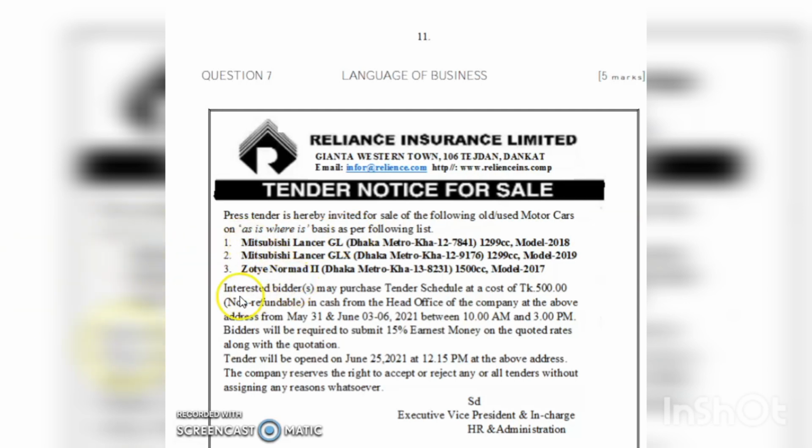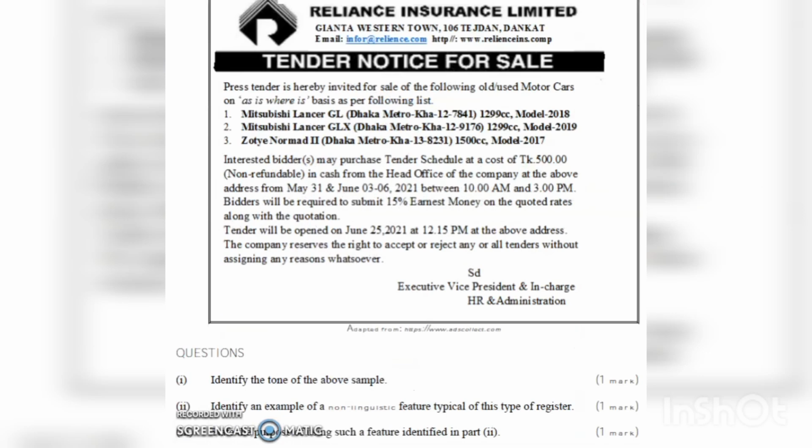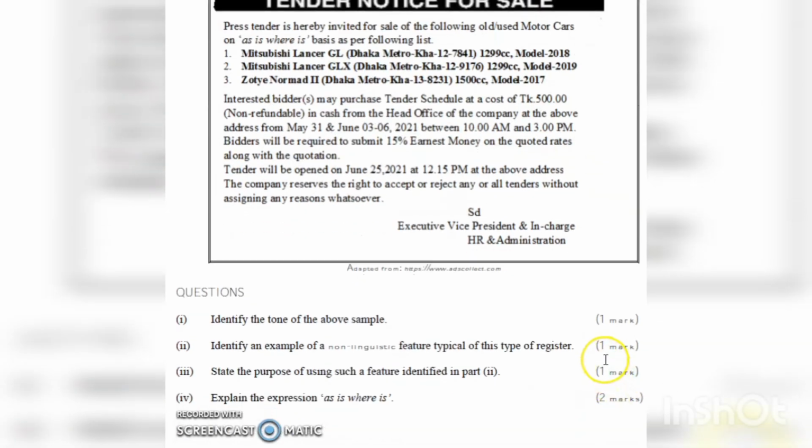You've also got parentheses, which is what is in brackets, like "non-refundable." You've got percentages. List them down and that will be worth your 1 mark. And like I explained for language of science, when you're listing something down, it has to be in quotation marks. All right, question number 2, state the purpose of using such a feature.